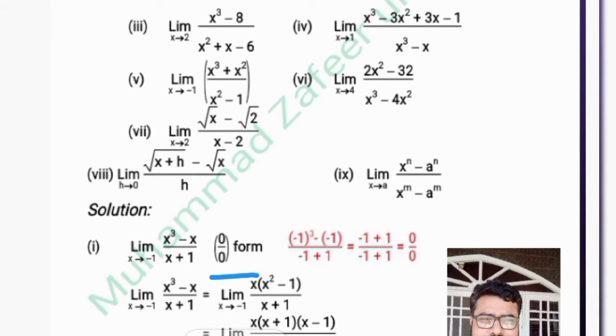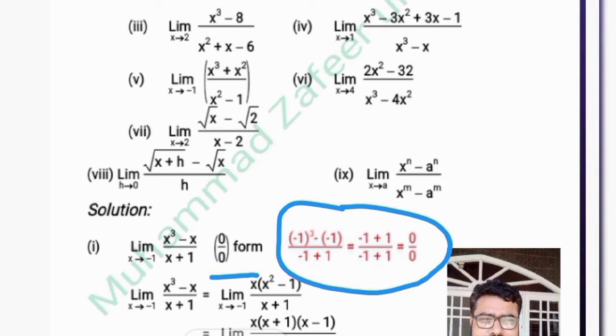You have to write 0 by 0 form, and it will be better if you simplify it properly. Algebraic technique means you have to apply middle term break, or take common, or apply a formula.